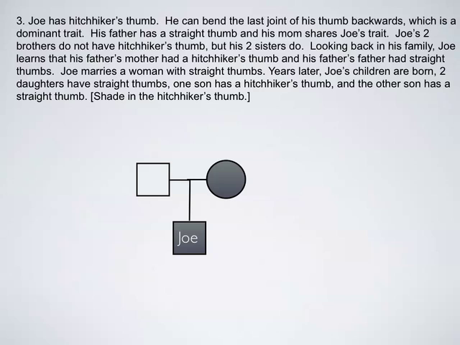All right, Joe has two brothers. They don't have hitchhiker's thumb. Sebastian, what symbol do they get? Square that's blank. Plain square. Where are they going to go? Next to Joe. Well, we connect them up and over. His two sisters do. Matthew, what symbol are they going to get?